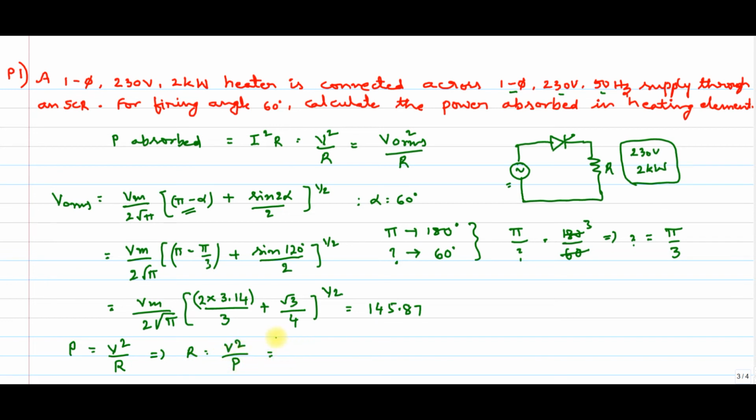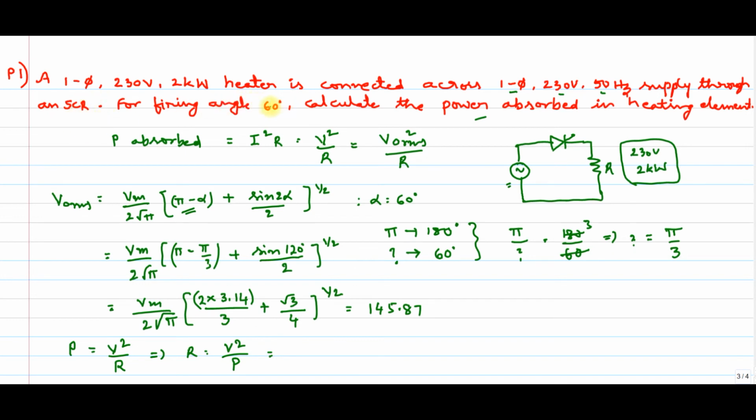So you can use voltage and power for calculating resistance. But whatever power he has asked, this power is different. We are giving some limited voltage, or some limited supply, as we are using an SCR with 60 degrees, so it's a limited one. So for this limit, how much power is absorbed?